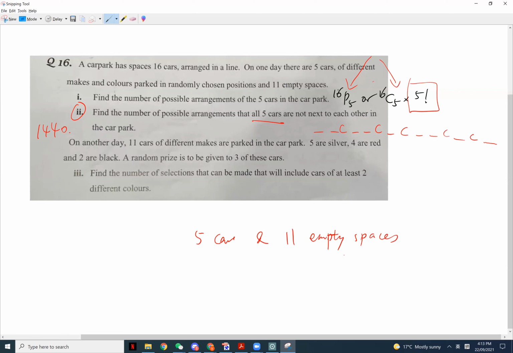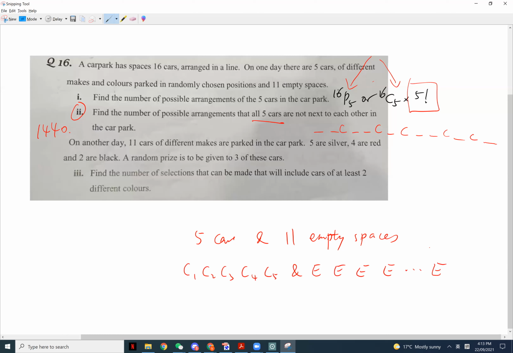You just arrange 5 cars and 11 empty spaces.